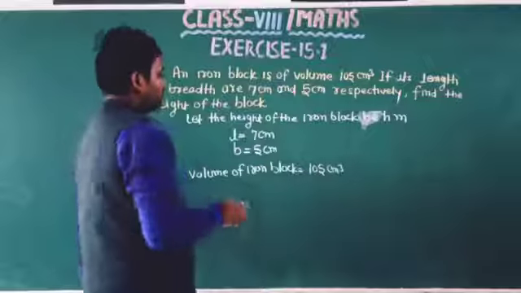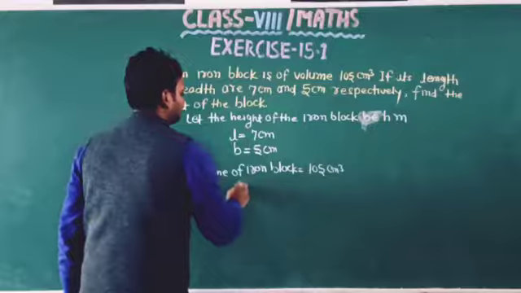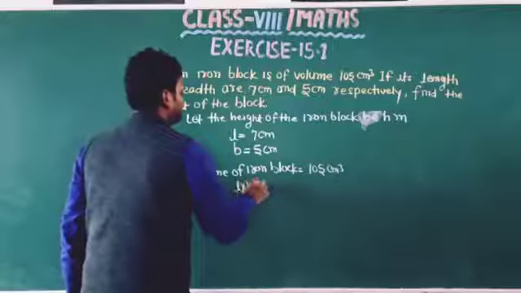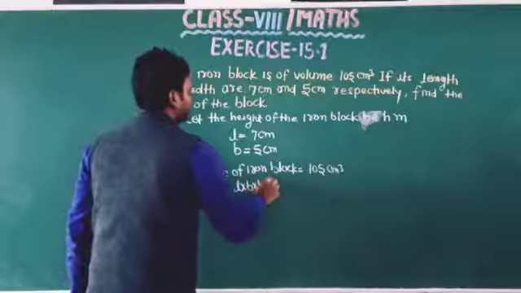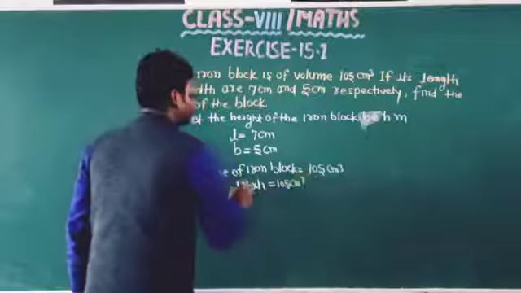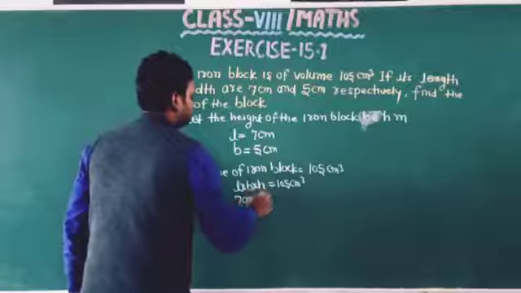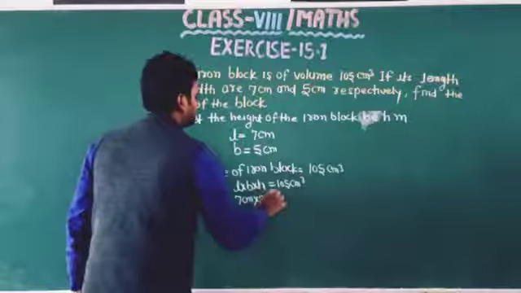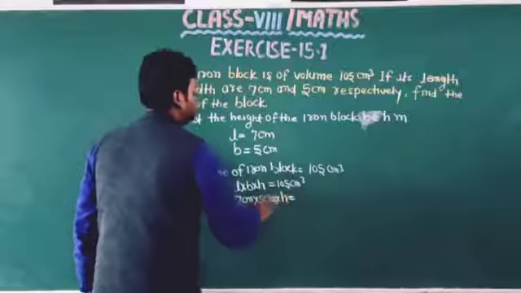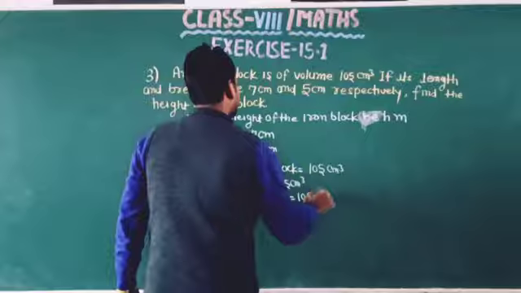Okay, so the volume of the iron block is length into breadth into height, equal to 105 centimeter cube. Length is given 7 centimeter, breadth is 5 centimeter, and height we need to find, which is equal to 105 centimeter cube.